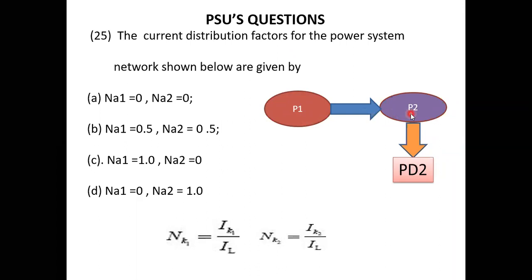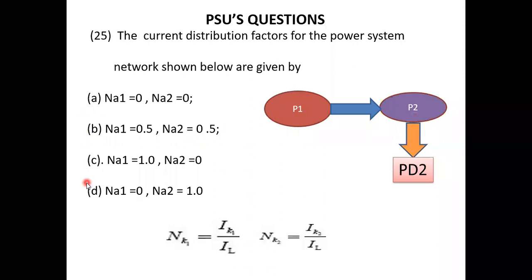In between P1 and P2, we have a transmission line, and the most important thing in this diagram is that the load is connected very near to power plant 2. Once you understand this problem like this, then automatically you can pick up one correct answer from the given four options.